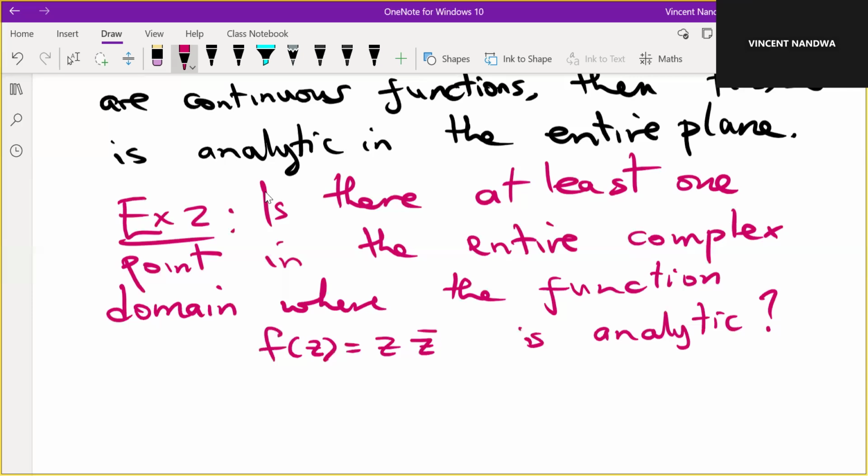So is there any point, or at least one point, in the whole complex plane or domain where the function f of z given by z times its conjugate is analytic?